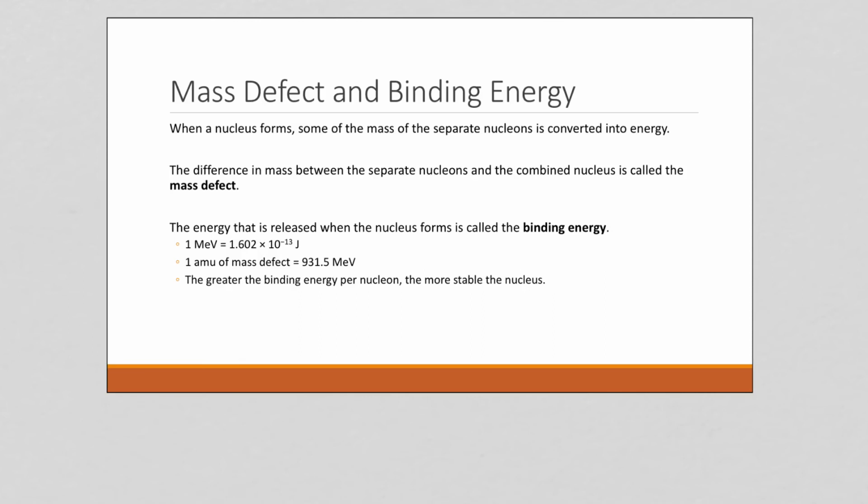It's an exothermic process. This leads to what we call a mass defect, where the mass of the atom is not exactly the same as the mass of the particles added up. If I add up the mass of the neutrons and the protons, it does not equal the mass of the nucleus. This is called the mass defect.